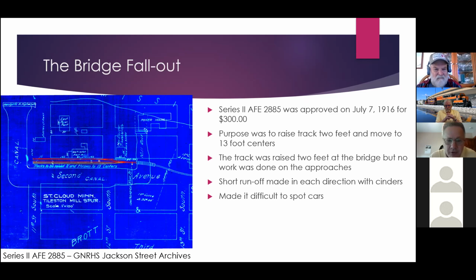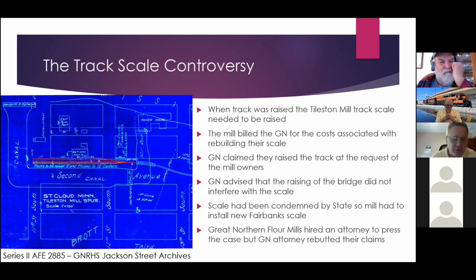Actually, the track at the bridge was 2 feet higher than before, but they didn't do much with the approaches. They're saving money, so they just used cinders to drop that 2 feet quickly on either side of the bridge, but that made it difficult to spot cars since they were rolling. So now they had to go back in and build everything up and raise the tracks, which led to the track scale controversy.